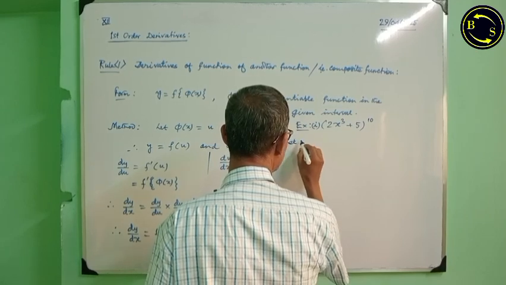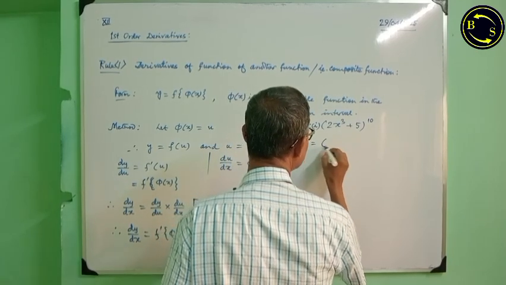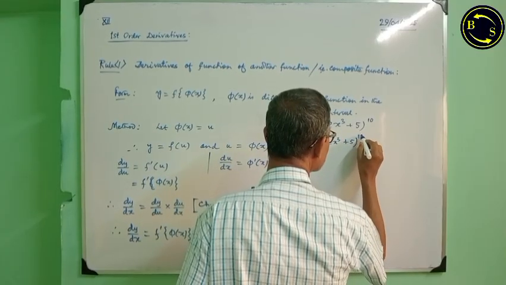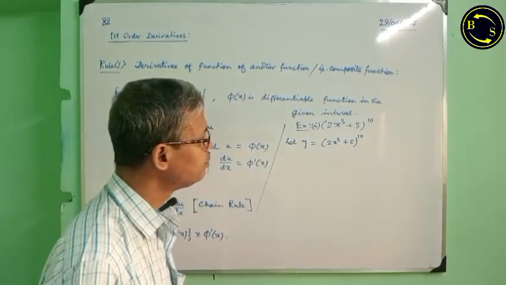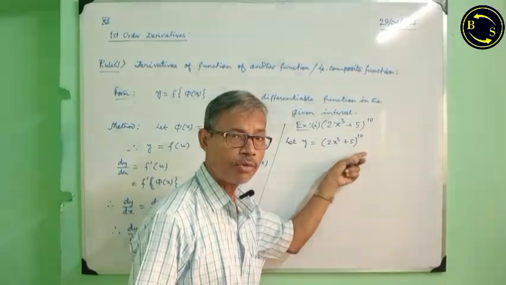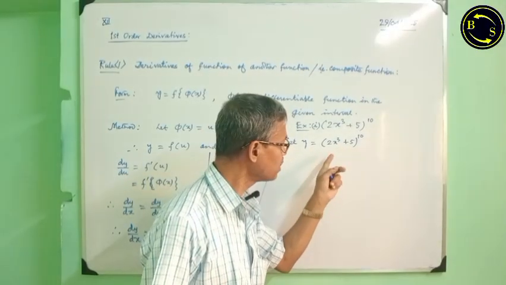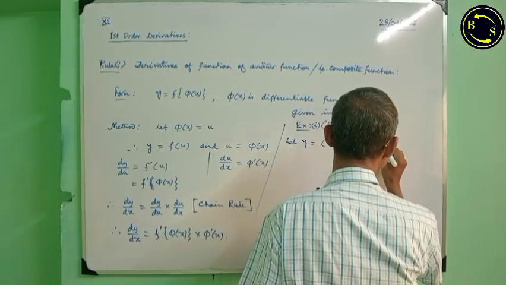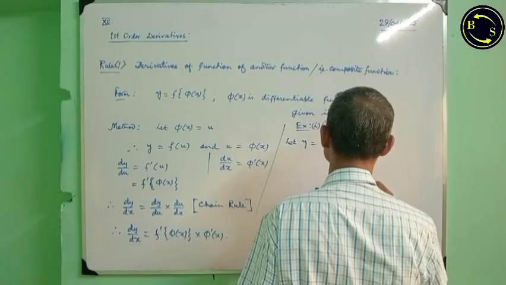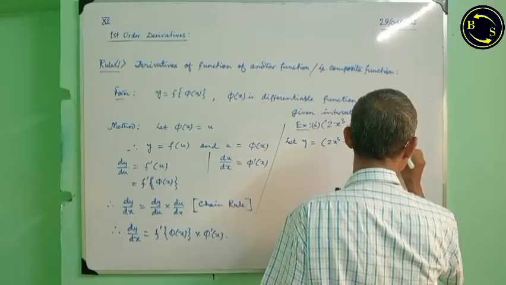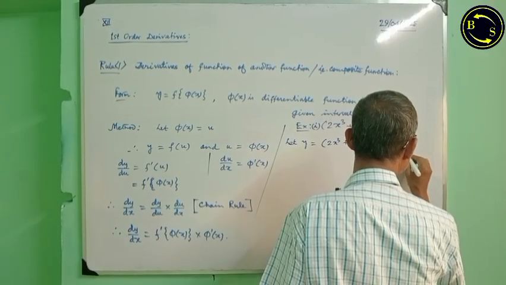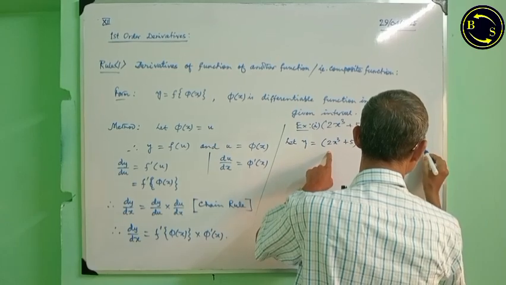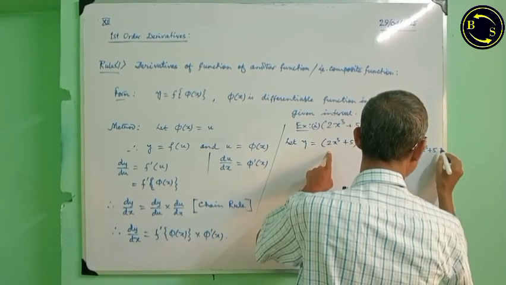Let y equal to this; now it is of the form x to the power 10, but in place of x it is 2x cube plus 5. That is why we take it as u to the power 10, where u is equal to 2x cube plus 5.